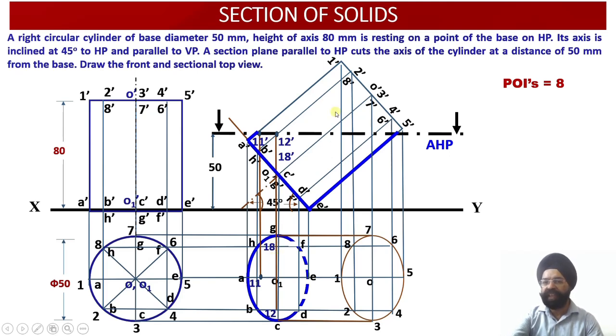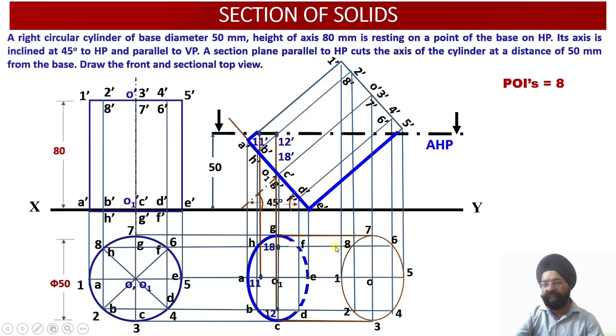Which are those generators? You see, 2B and 8H. So where does 2B lie? The 2B generator lies over here in the top view. The vertical projector emerging from this point is going to cut this generator at this point. So this point's name will become 12.